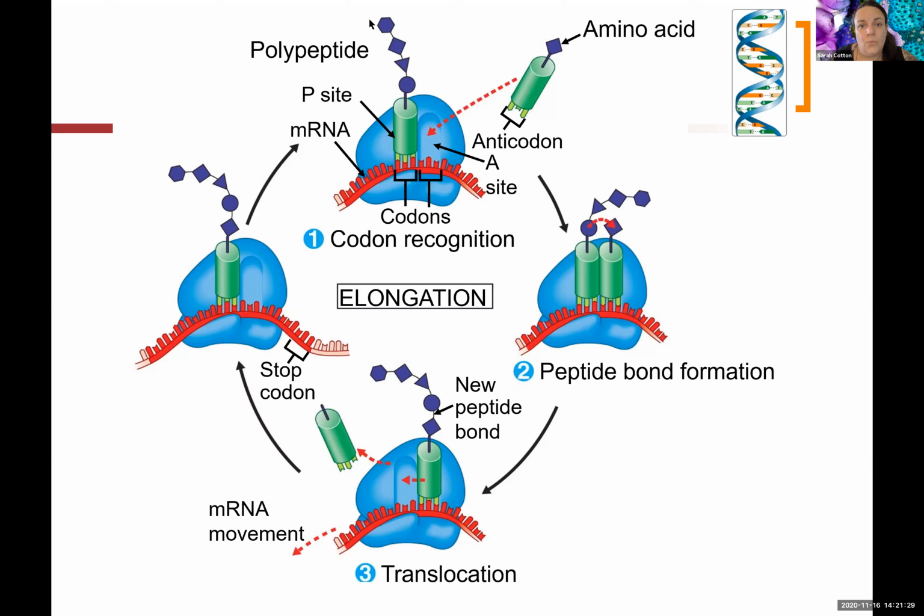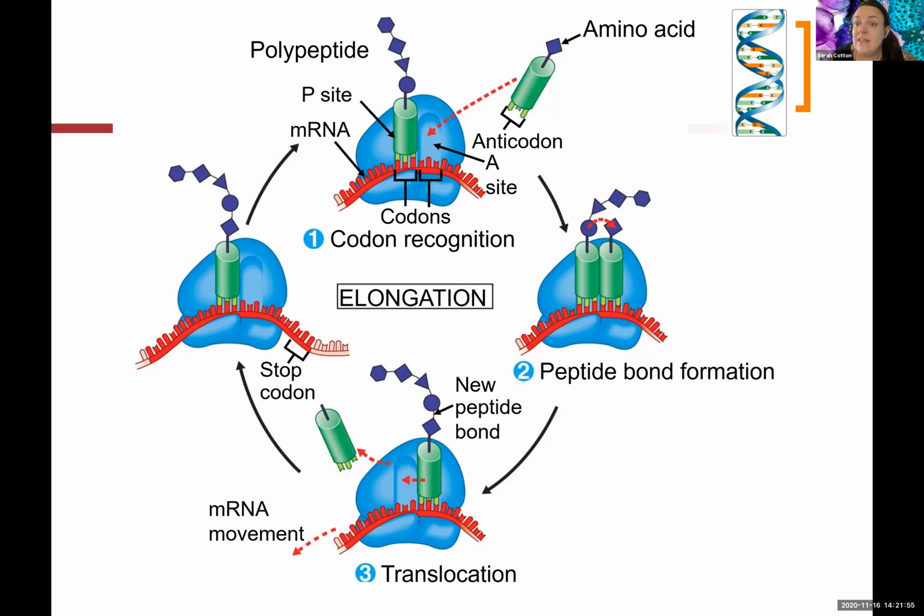We're imagining that we're jumping in here in the middle of translation happening. So when this spot is open, the tRNA that has the correct anticodon that matches up with this codon is going to jump in there and sit in that little spot because the anticodon matches up with the codon.